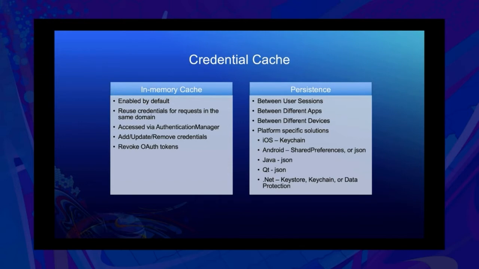A few runtime SDKs allow developers to persist credentials to JSON strings. Please keep in mind that it is the developer's responsibility to encrypt the JSON string if you want to save the JSON string to a file.